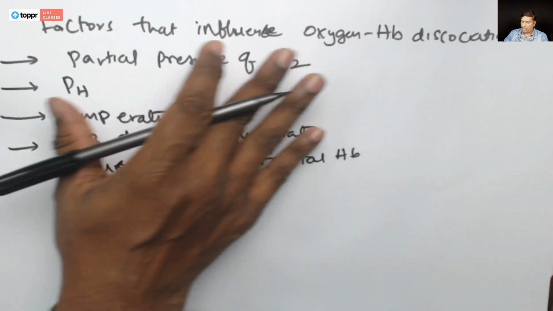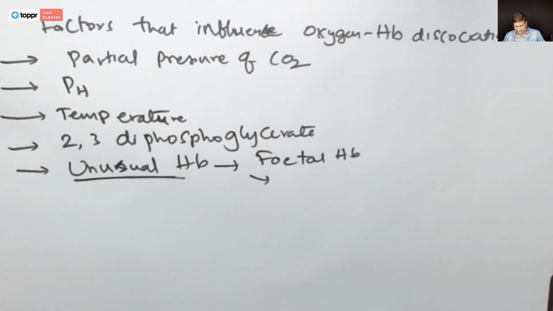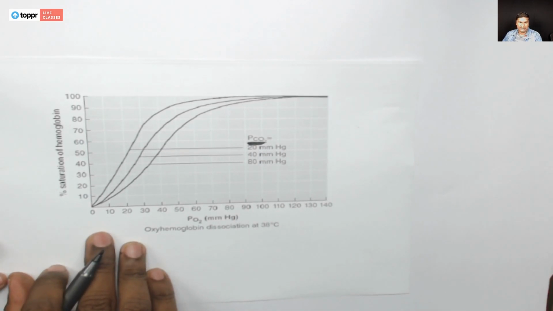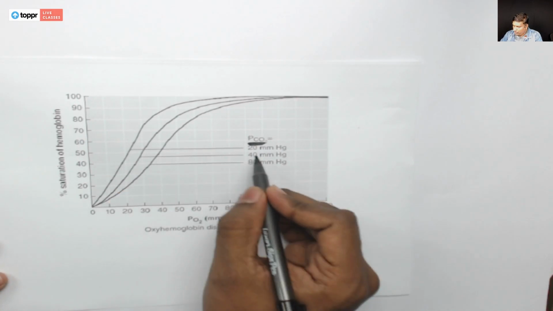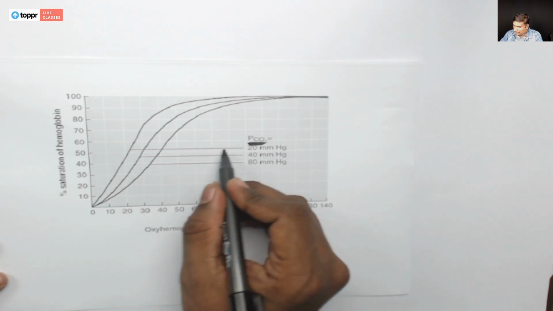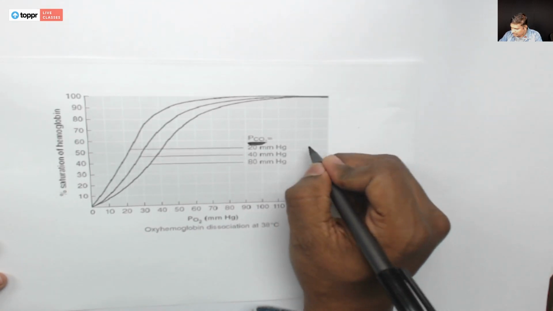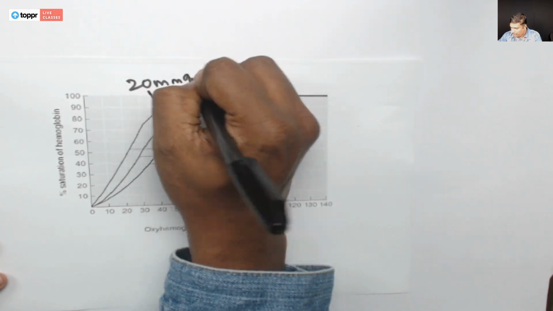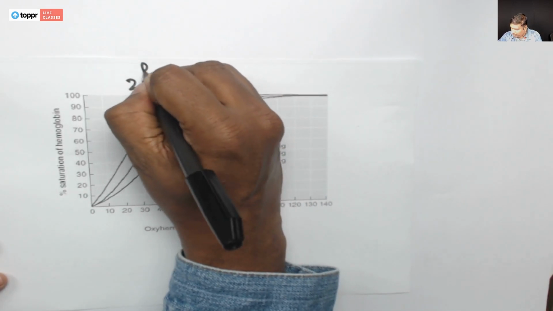Okay, now how do they influence? What is their effect? If you look at their effect, you can see here, this is the effect of partial carbon dioxide. When you increase the carbon dioxide concentration, you can see here, this is for 20 mm Hg of partial carbon dioxide.